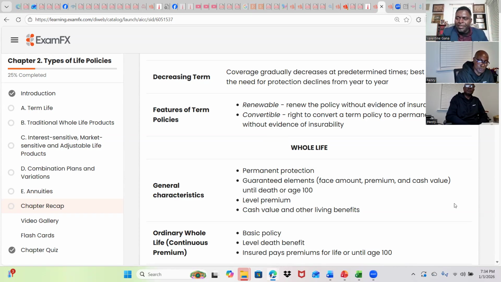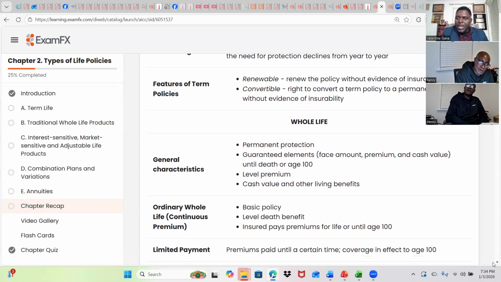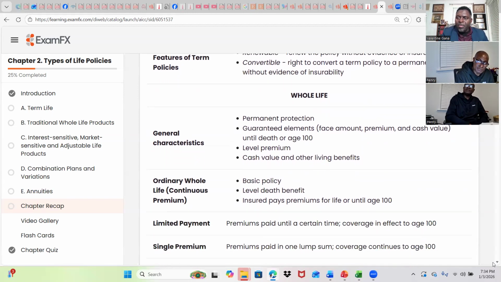Is it a certain time from when you take up the policy, or when the policy has already been established? Policies will say you can convert it within 15 years of having the policy, up to age 55. After 55, you cannot convert it anymore.